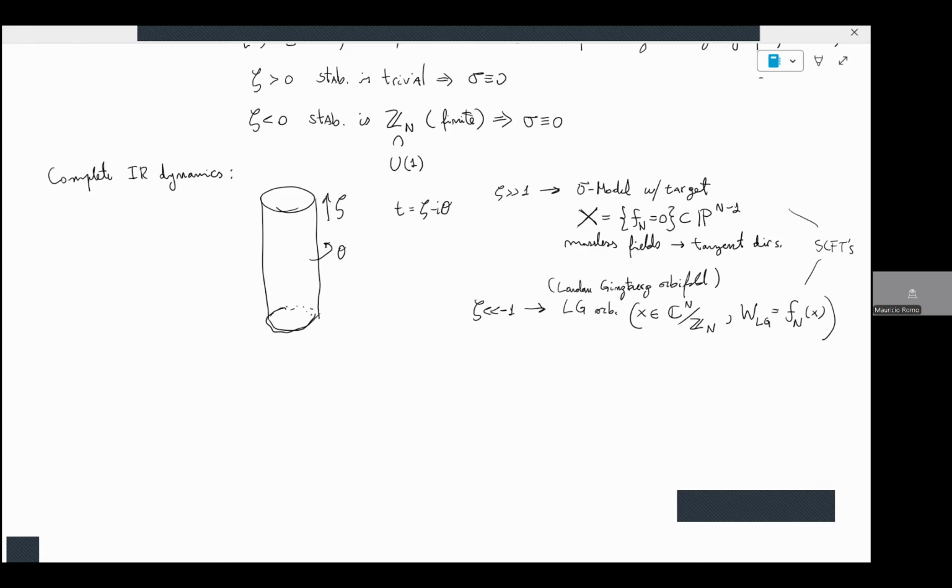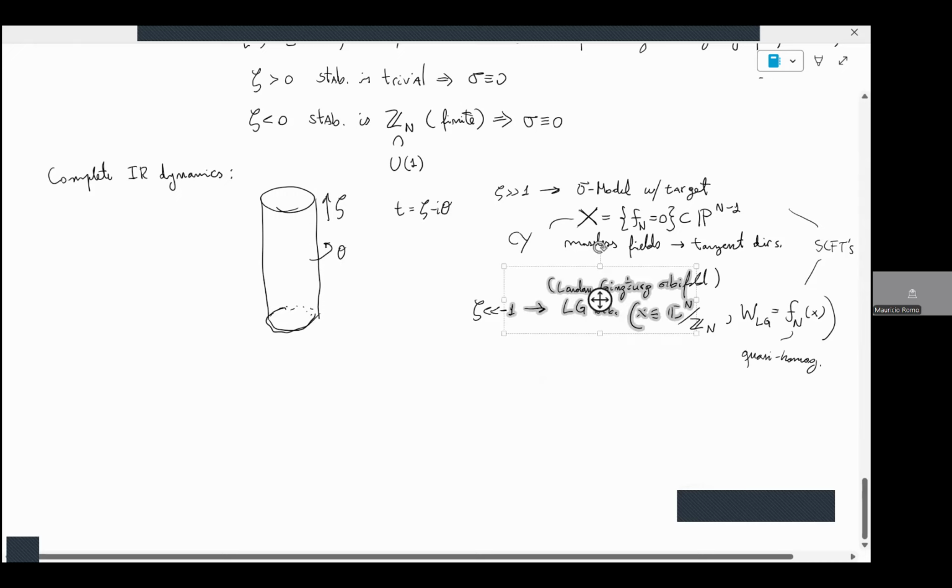That's also another conjecture in physics. And the way to see it, if you study these theories separately, in this case, is because of the quasi-homogeneity of F, and in this case, it's because this X is a Calabi-Yau manifold.